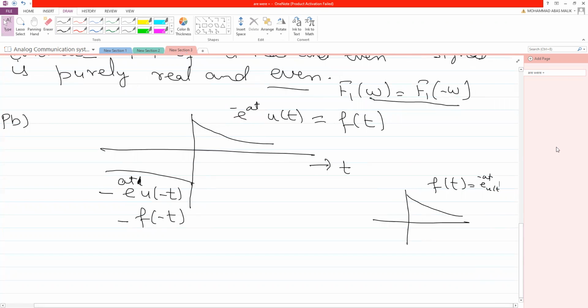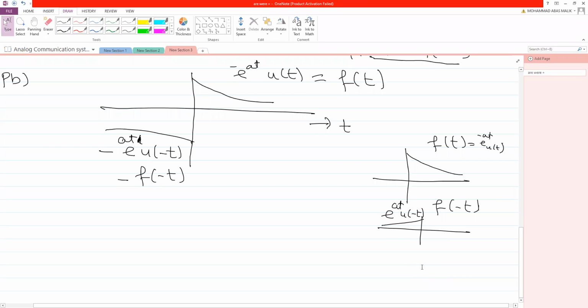Then if you reverse time, this will be your f of minus t. This is e raised to the power at u of minus t, because you just replace t by minus t. So this is your function.